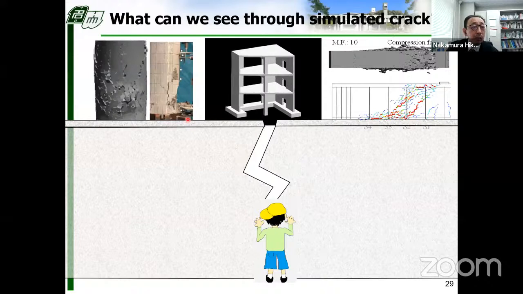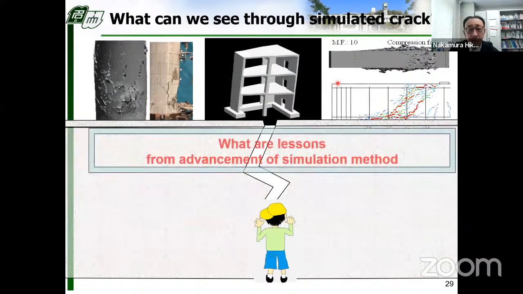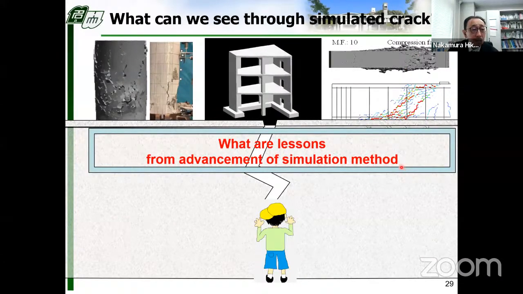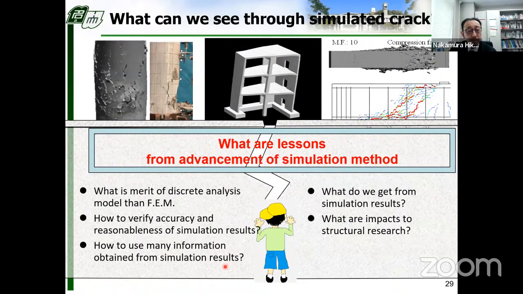And I showed several numerical results. What can we see through simulated crack? What are the lessons from the advancement of simulation methods? We should discuss more about what is the merit of the discrete analysis model over the finite element method, how to verify the accuracy and reasonableness of simulation results, and how to use the many pieces of information obtained from simulation results.